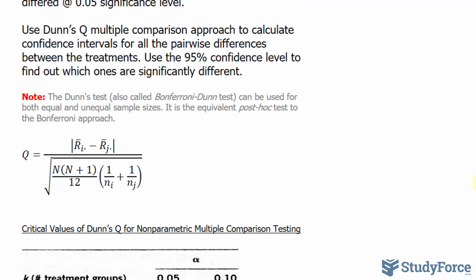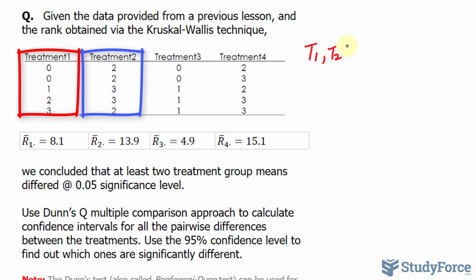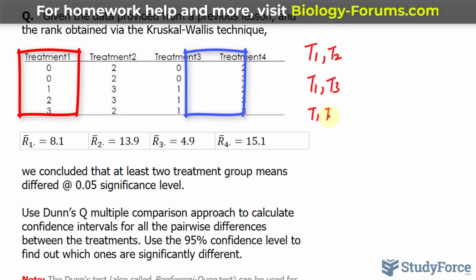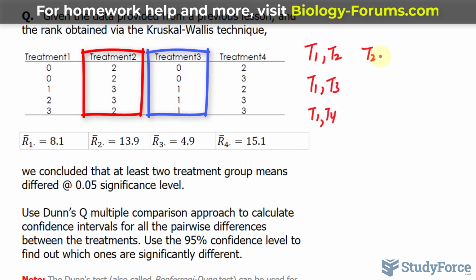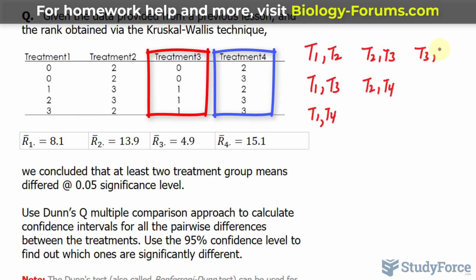So as we did with the Bonferroni method, we have to compare each of these treatments one by one. For example, treatment 1 and treatment 2 need to be compared. Treatment 1 and treatment 3, treatment 1 and treatment 4. Furthermore, we have to look at T2 and T3, T2 and T4, and finally T3 and T4.